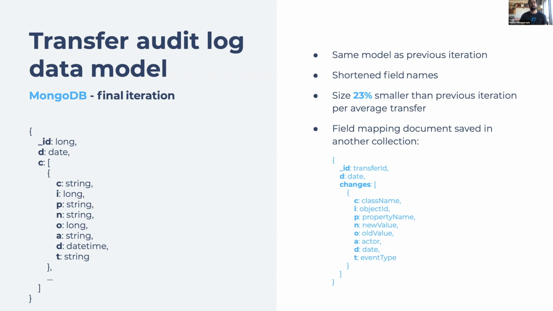One of the drawbacks of using shortened field names is that fields can lose their meaning. We then decided to create a single document for field mapping in another collection. This will help all engineers and our analysts when using downstream replicated data from this MongoDB cluster into our ETL pipelines.